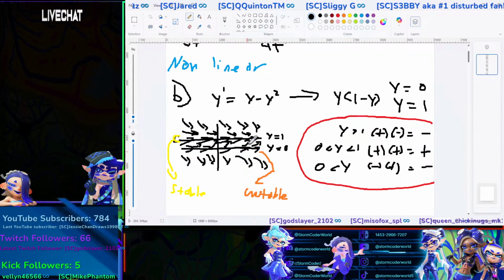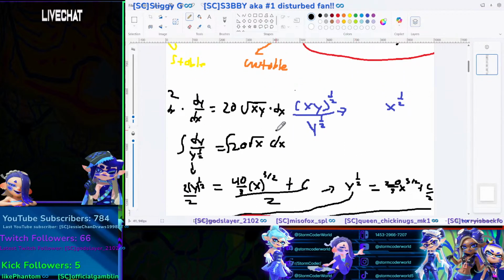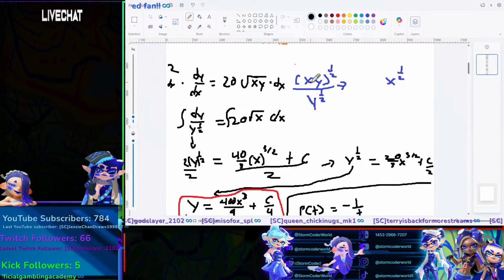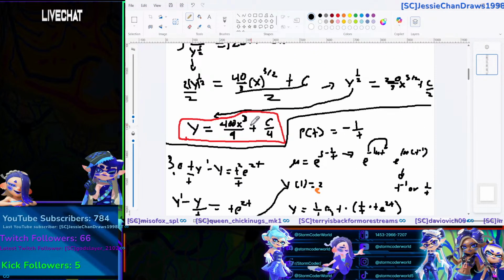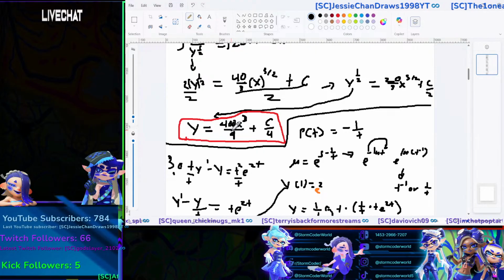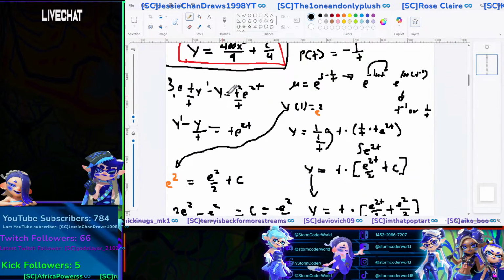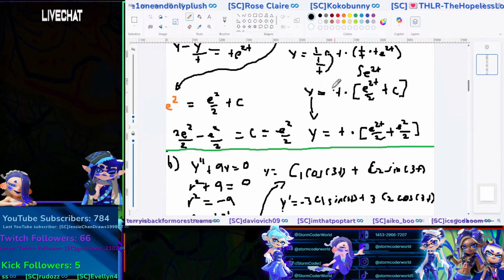This is my direction field. And then we have a bunch of other different formulas here. This is separable equations, and then this was the final equation, the general solution I got here. And then we worked through integration factor, which gave us this problem here.